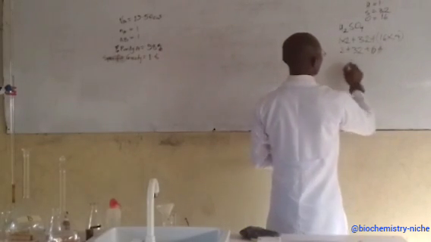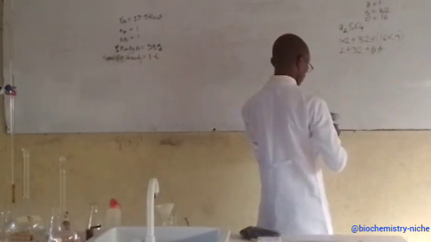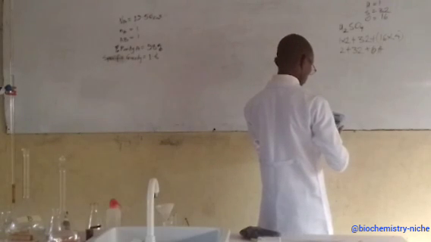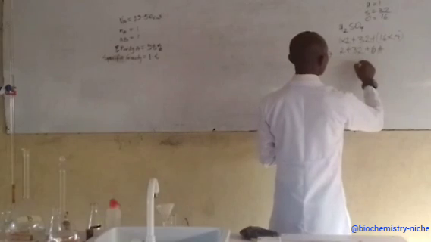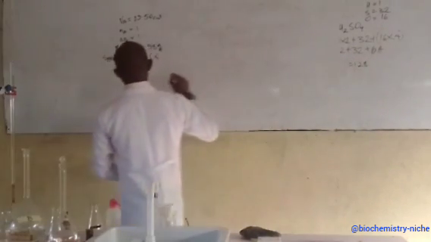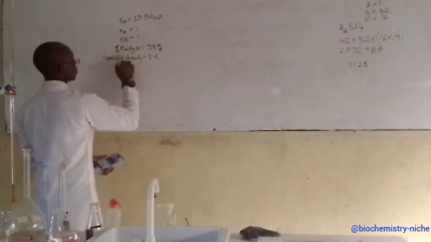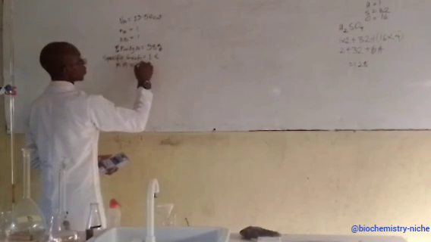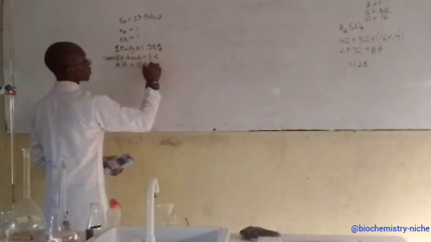So adding all of this together, we're having 98. So the molar mass for A is 98 grams per mole.